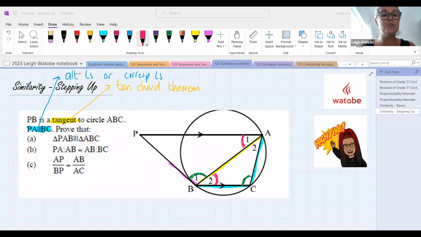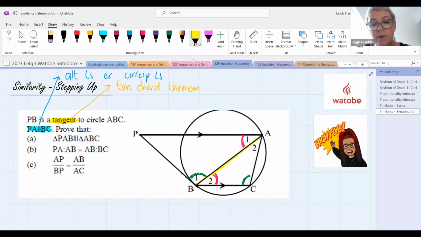So now let's go and have a look at the question. They have asked us to prove that triangle PAB is similar to triangle ABC. I've got the lines drawn in different colors, but if I just get rid of that and now go and highlight my triangle.